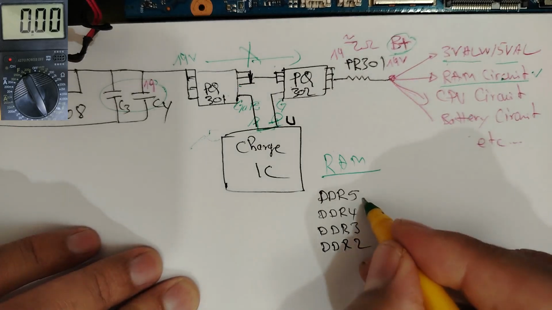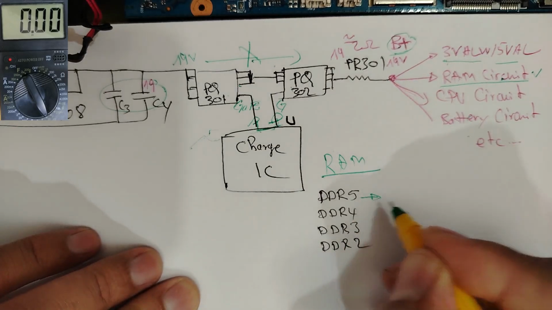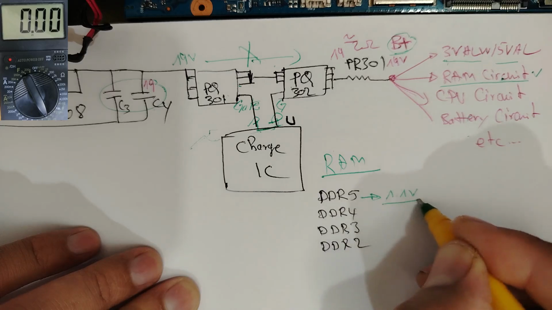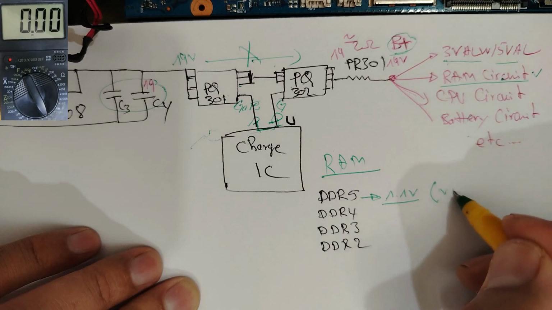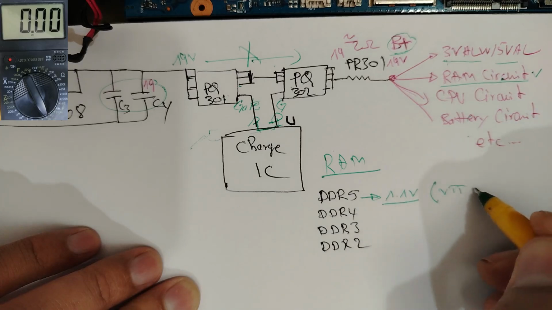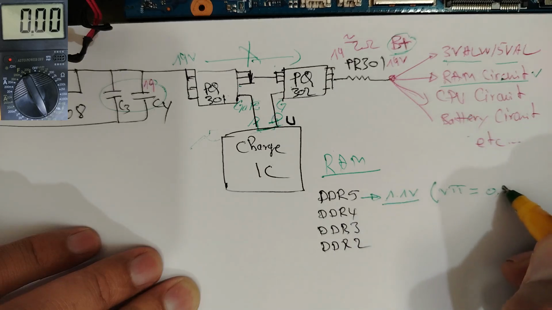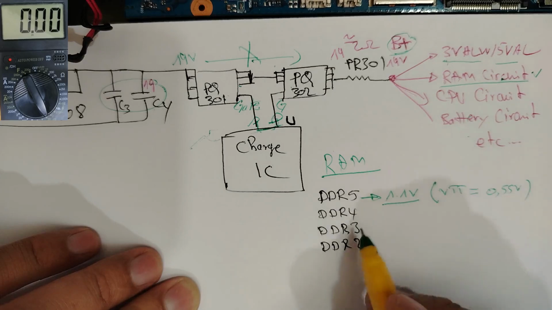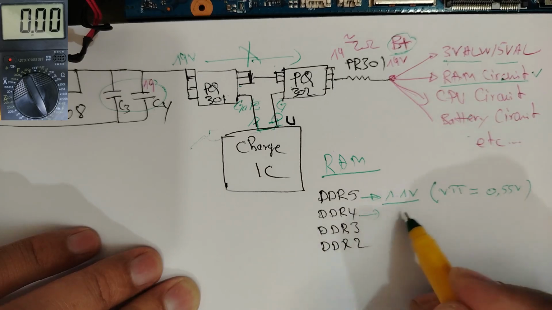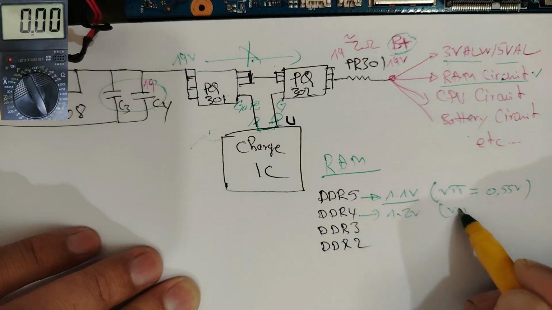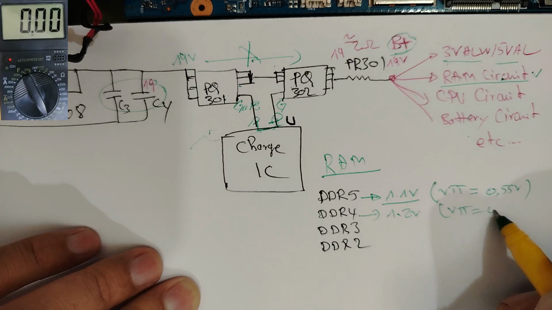So for DDR5, the main voltage is 1.1 volts, and for the VTT, meaning the voltage for terminal, equal the half, means 0.55 volt. For DDR4, the main voltage is 1.2 volt, VTT equal 0.6 volt.